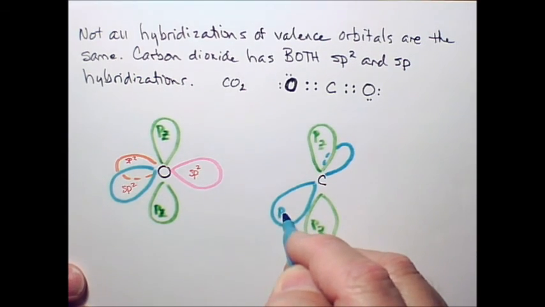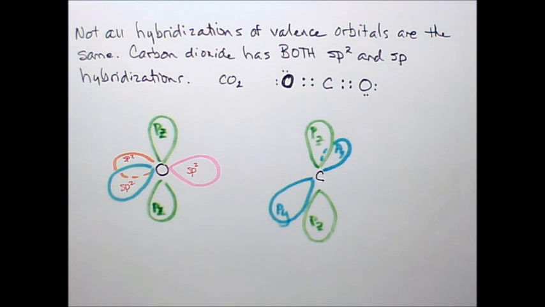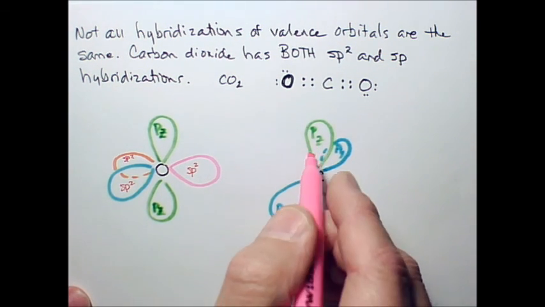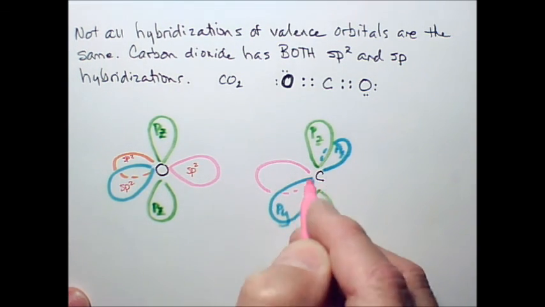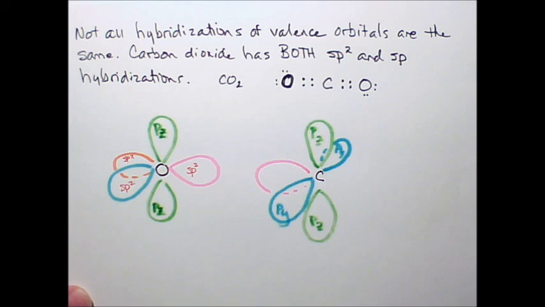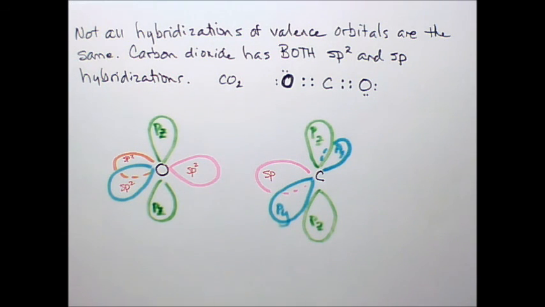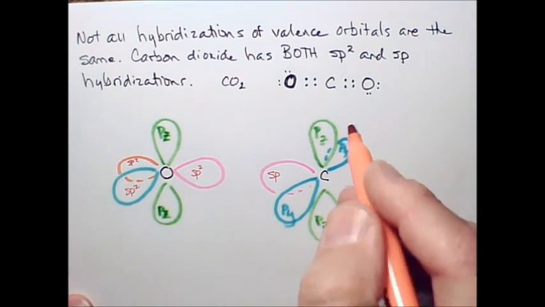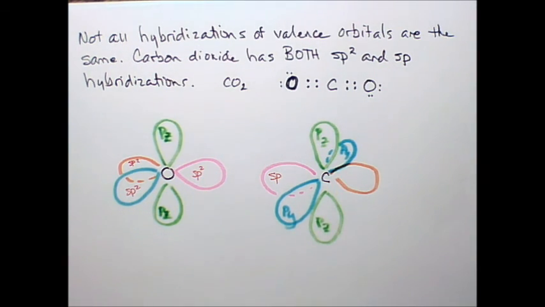We're going to hybridize one s orbital, and a hybrid orbital is a single balloon shape. So this is going to be an sp, because I'm going to hybridize only two orbitals. And the remaining orbital, I guess, is going to be orange. And that's also an sp.